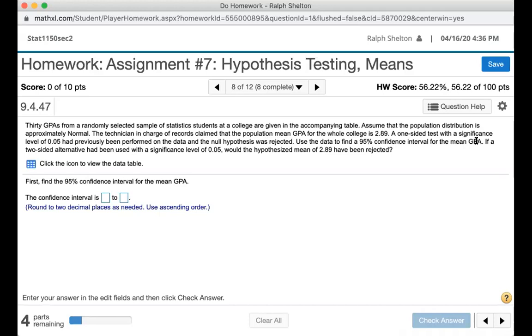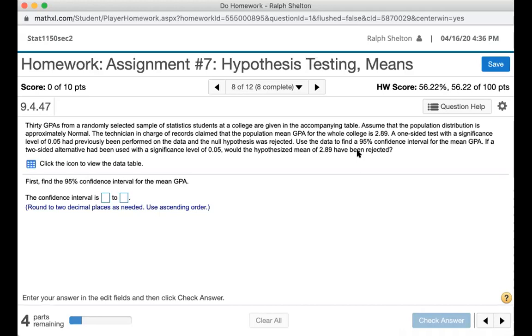Okay, so use the data to find a 95% confidence interval for the GPA. So a 95% confidence interval, let's see. Then it says if a two-sided test had been used, would the hypothesized mean have been rejected? So that's a good question, okay?